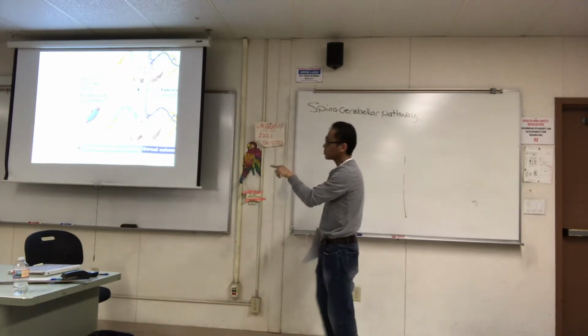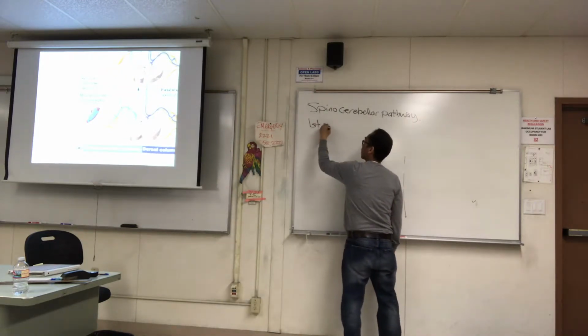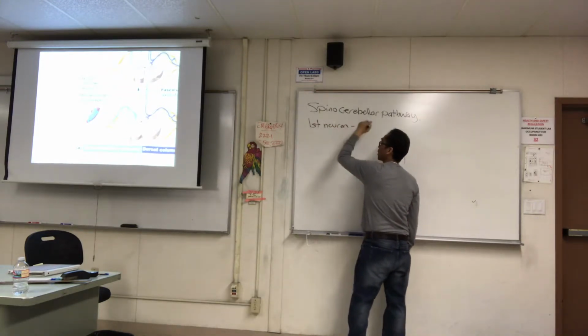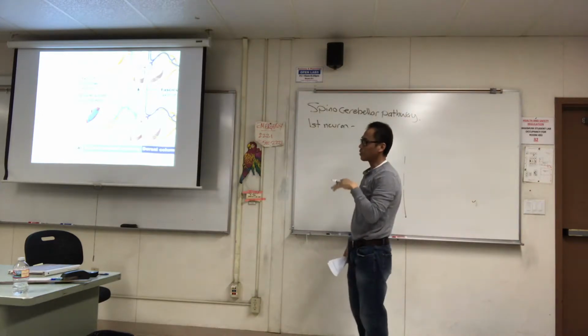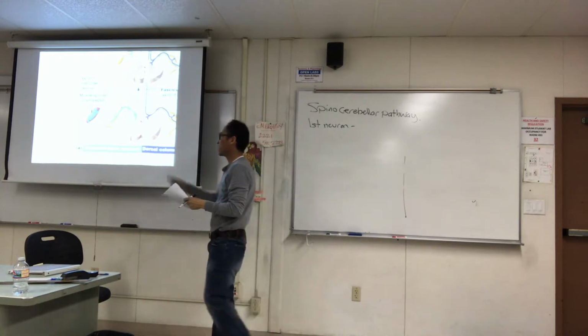So if you look on this side, there's a muscle spindle, and the first neuron is the same as before. It's in the posterior root ganglion, but it's going to synapse immediately onto a second neuron in the dorsal horn.